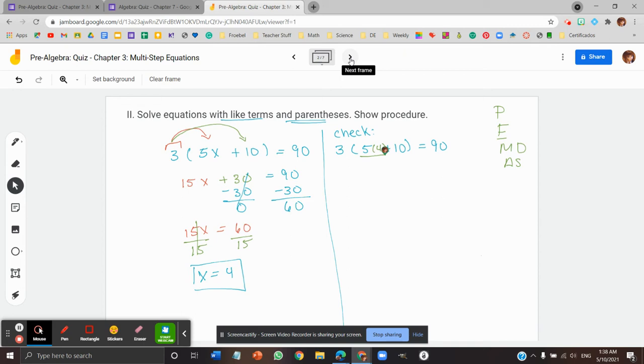Therefore, I'm going to solve that first. 5 times 4 is 20. I'm going to put everything else as it was. Now, even though I have a multiplication outside, I have to first solve for the parentheses. I have an addition, 20 plus 10, and 20 plus 10 is 30.